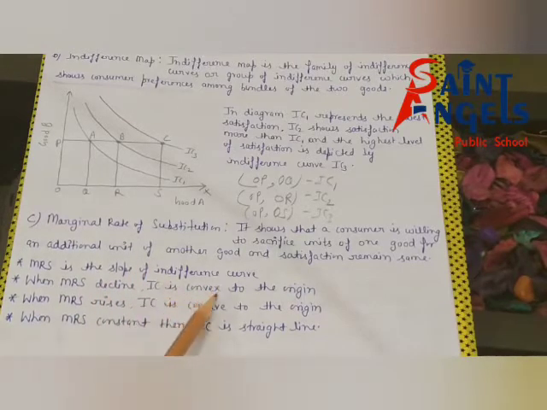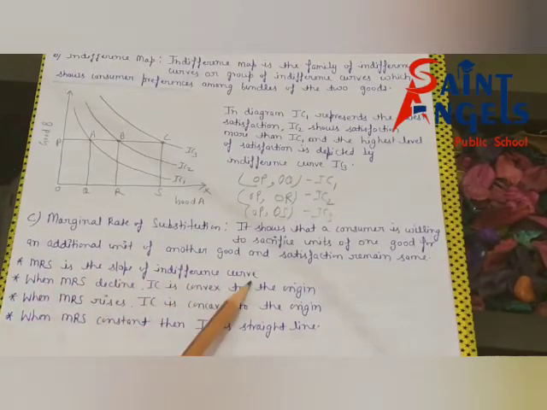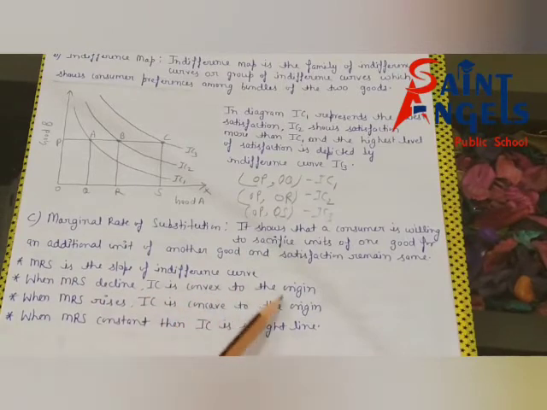When MRS rises, IC is concave to the origin. When MRS is constant, then IC is a straight line. All of you know that. MRS declines means IC is convex to the origin. MRS rises, IC is concave to the origin. MRS constant, then IC is a straight line.